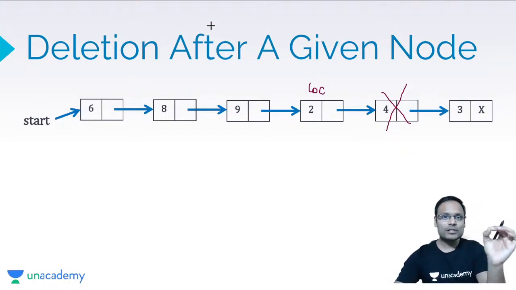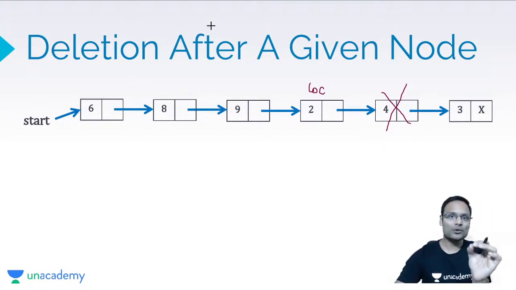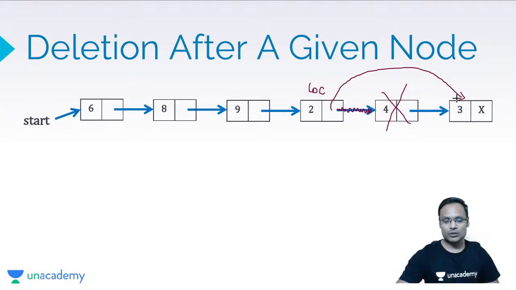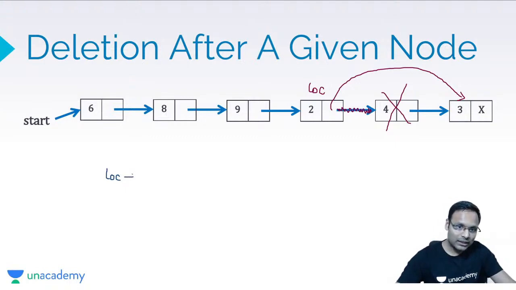Visualize what kind of changes you will have to make. What should be the next of LOC? The link part of LOC should not point to this node, because it has been deleted now. LOC ka link should be this node's address. I'll have to update just one link, LOC ka link, with this node's address.